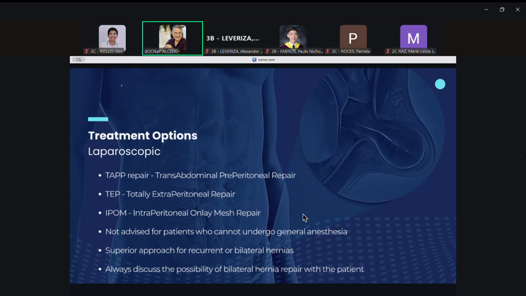Why for recurrent? Because for us surgeons and for the patient, it is best to perform surgery on a virgin area. No? Pag anterior approach and it is a recurrent hernia, then you will be encountering a lot of adhesions and the area is already very, very difficult to dissect. And you expose the patient to a higher risk of damaging the ilioinguinal and the iliohypogastric nerves.